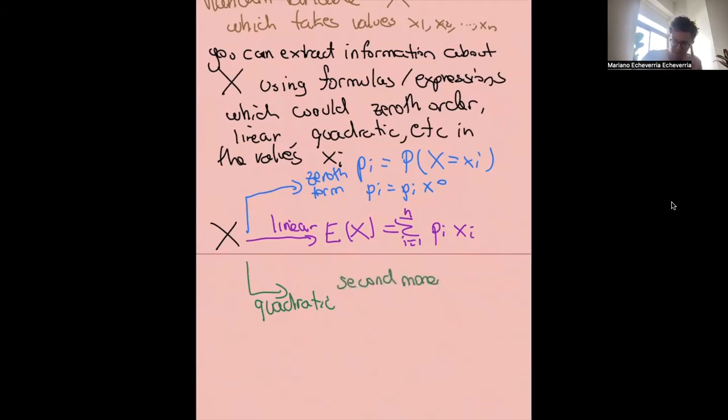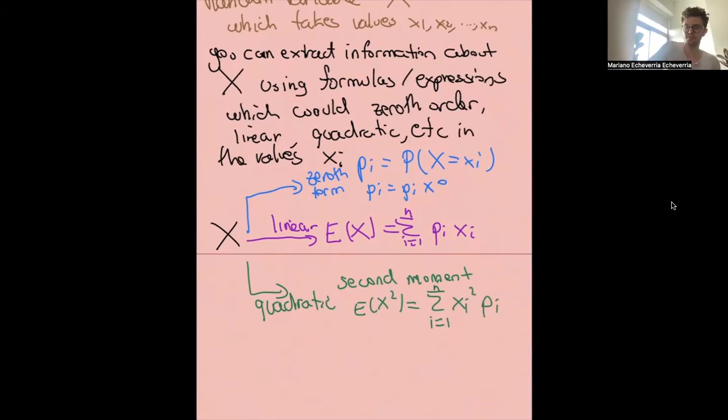I'll show you in a second that they are more or less related. The second moment is literally just what's written as E of X squared, and that's the sum from i equals 1 to n of pi times xi squared. So it's literally just squaring each value of x, weighting each value by its probability, and adding that together.